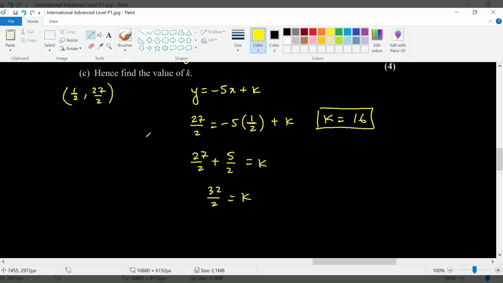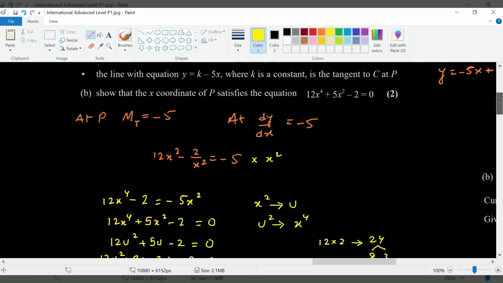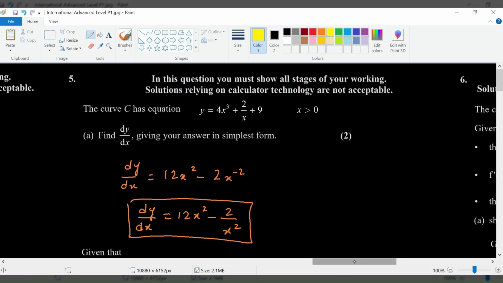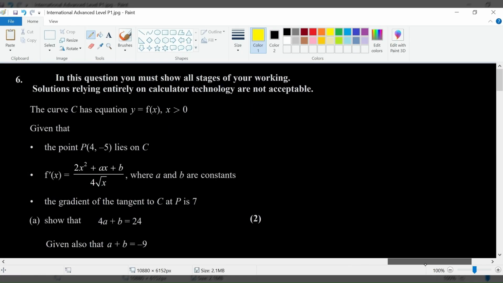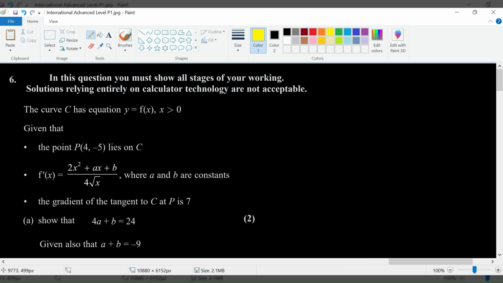Now, since we have found out the value of k, which is k equals 16, moving on to the next question, which is question number 6. Now, in here, it says the curve C has equation y equals f of x, and x has to be greater than 0.